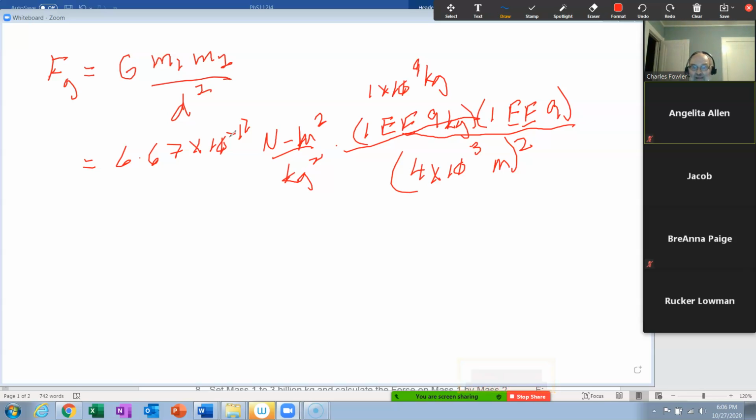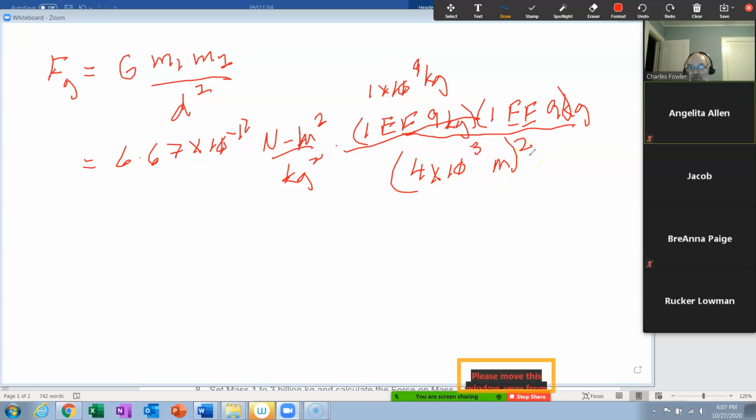Then I'm going to multiply that by 1 EE 9 and multiply that by 1 EE 9. That's 1 billion kilograms. I left off my unit here; this is also kilograms. And then I'm going to divide that by 4 times 10 to the third meters squared.